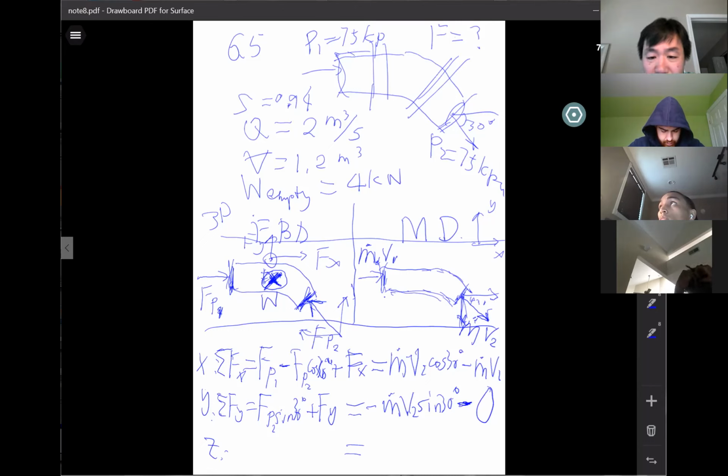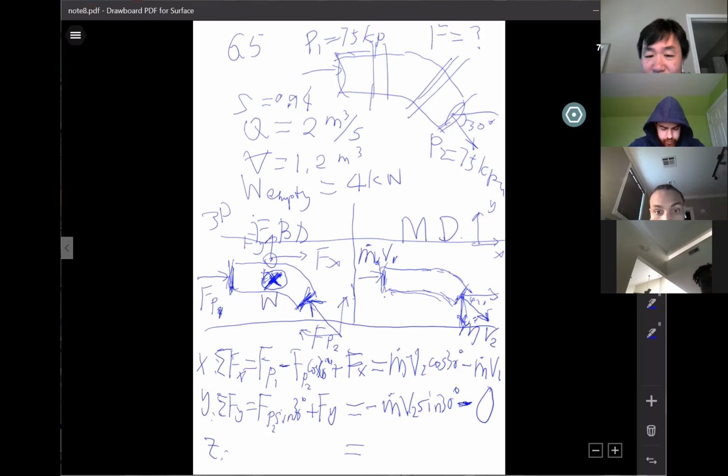So two momentums on the X direction. Momentum in, m dot 1 v1. Momentum out is the X component of the m dot v2 going out. So out minus in. Be careful, out minus in. The minus sign is always there, but the out and the in, each one could be negative. Although in this problem both of them are positive, so positive out minus positive in.